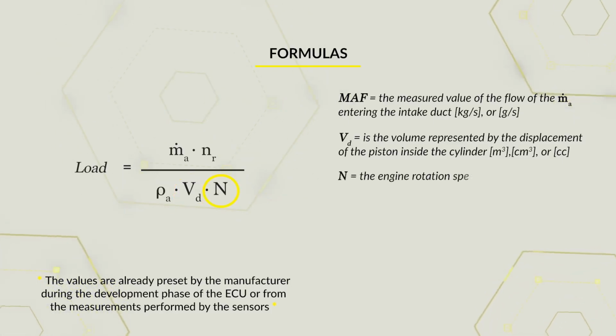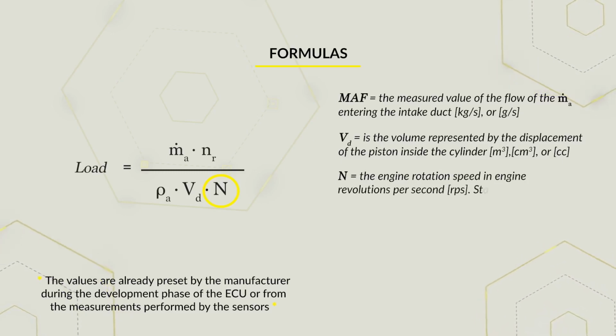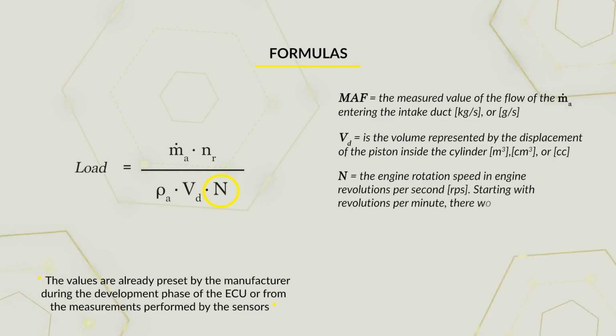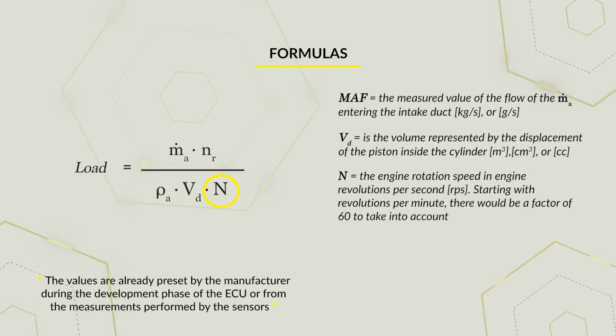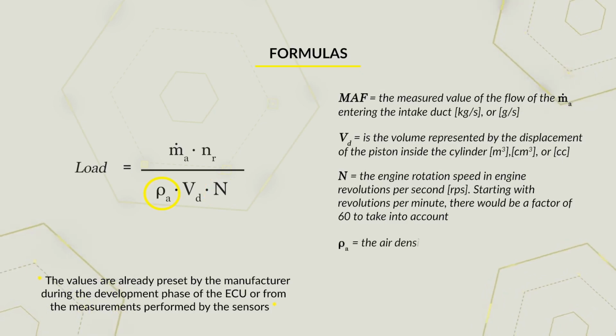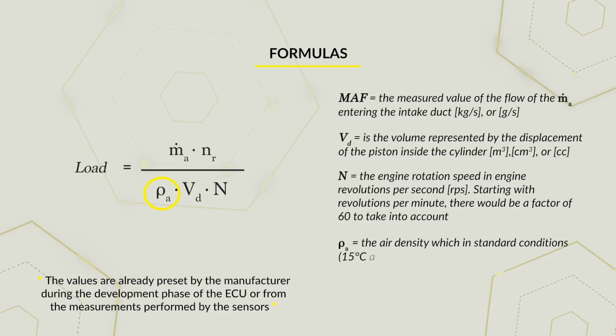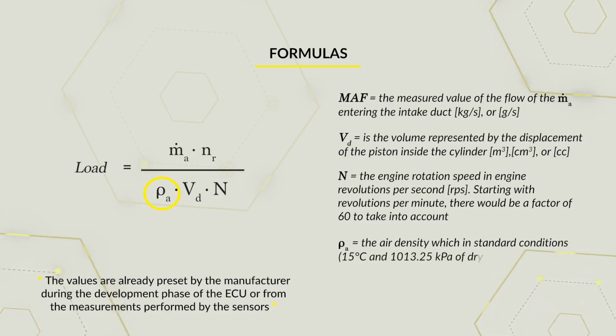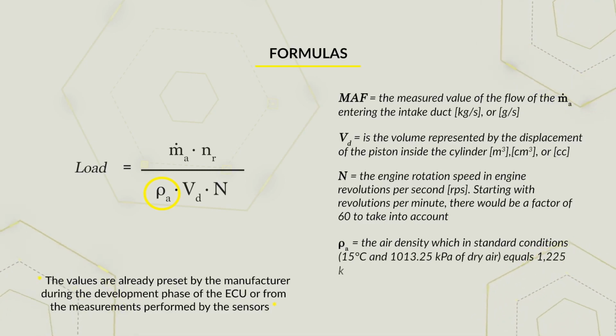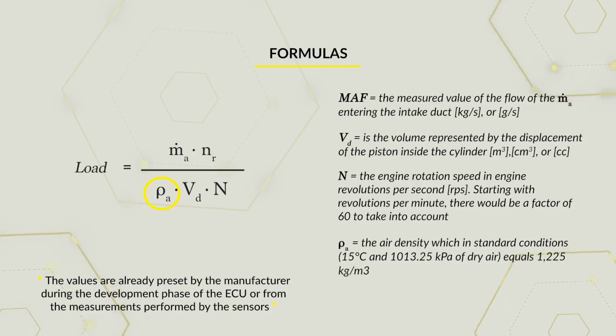This is the engine rotation speed in engine revolutions per second; starting with revolutions per minute, there would be a factor of 60 to take into account 60 seconds in 1 minute. This is the air density, which in standard conditions, 15 degrees Celsius, and 1,013.25 kilopascals of dry air equals 1.225 kilograms per cubic meter.